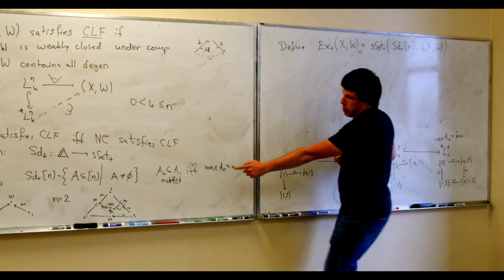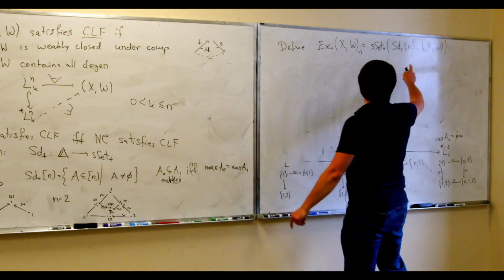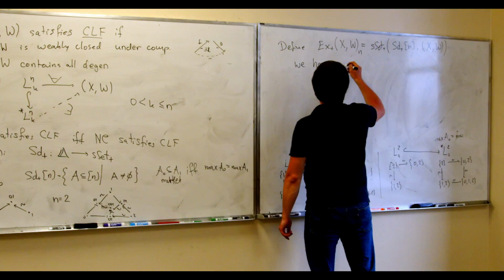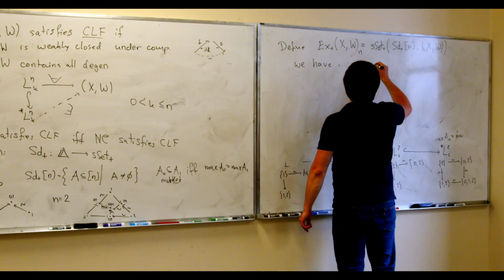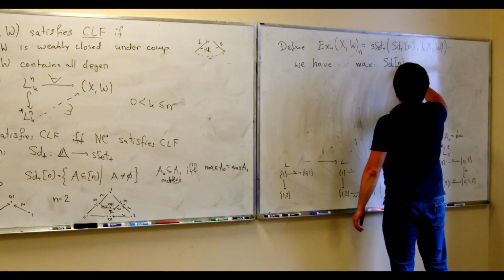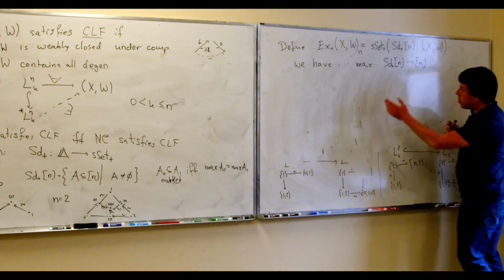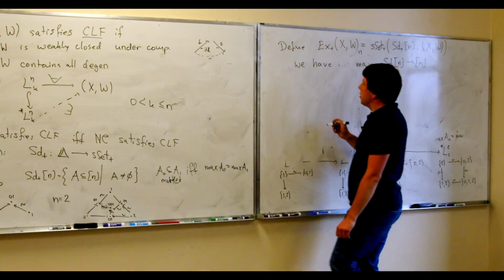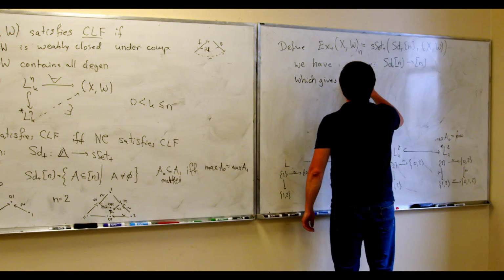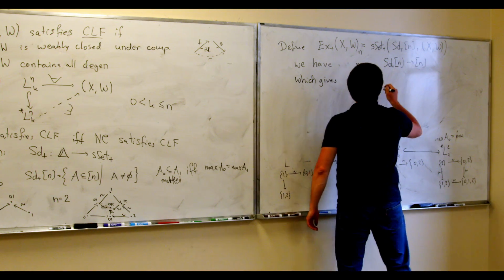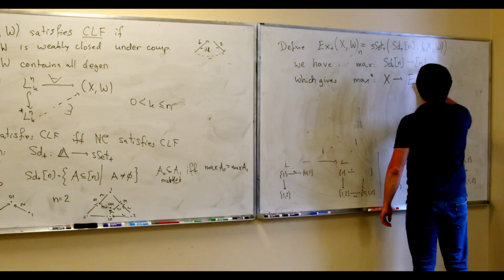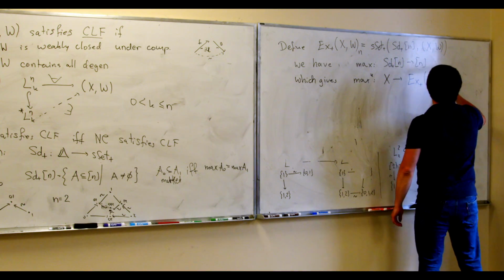And so we're really picking out diagrams inside of X that look like this. Moreover, we have a map max from SD plus n down to n, which, given a subset, picks out its maximum, which gives a map max star from X down to X plus of X with W.